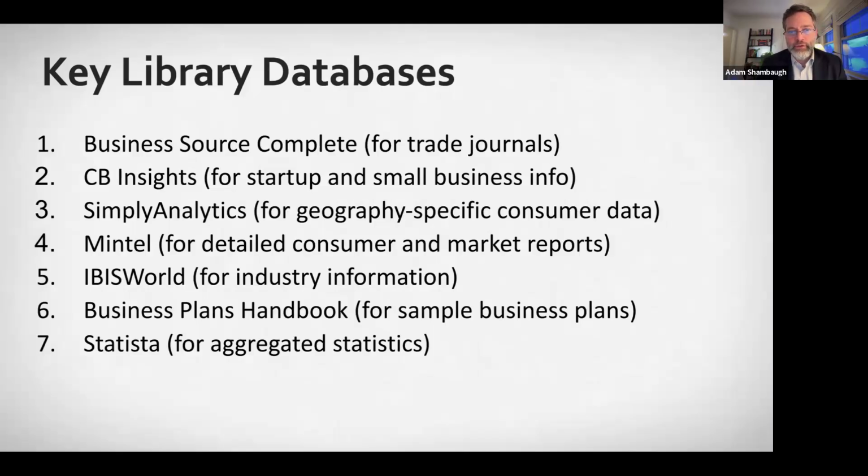And so they're industry specific, market specific publications. And it's often a great place to go to get information about innovation, competition, and regulatory issues and disruptive factors in a given industry.